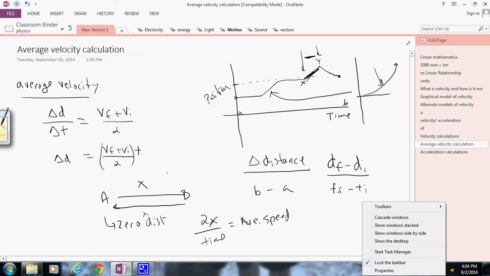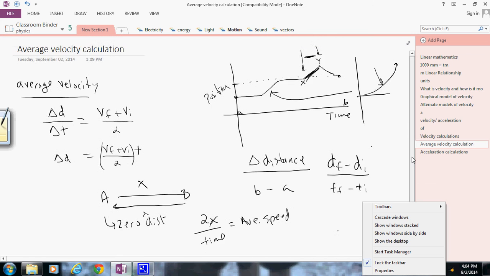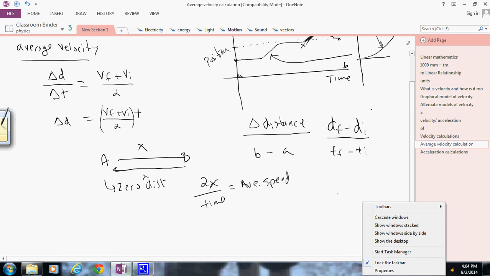Now, to actually calculate this, another way of doing this, and I'm going to give myself a little more room. This little calculation here is what we just talked about.